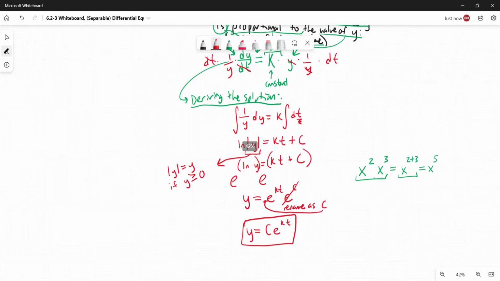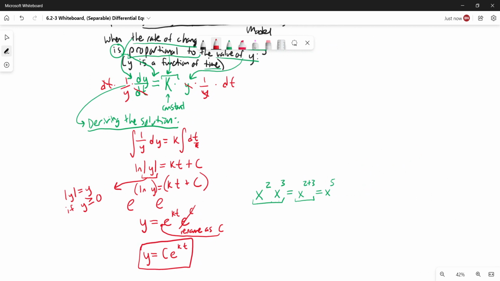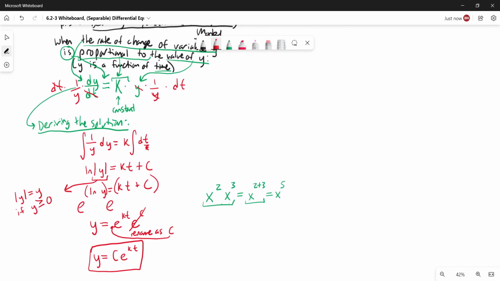So here's our whole little thingamabob, deriving the solution of exponential growth or decay. You're allowed to just use y equals c times e to the power of kt for these word problems, which at that point really is not a calculus problem anymore. So hopefully it's easy.